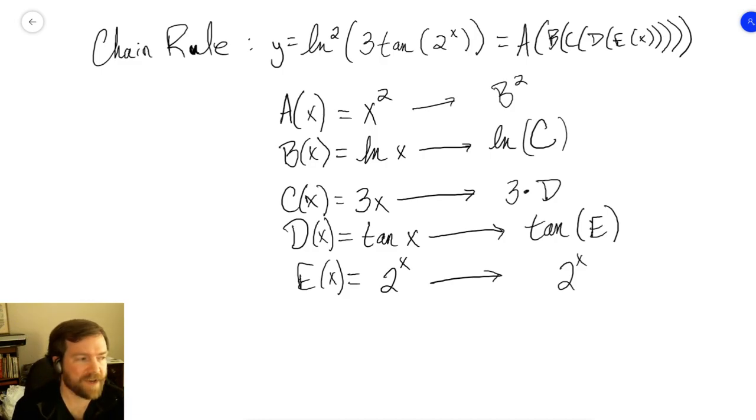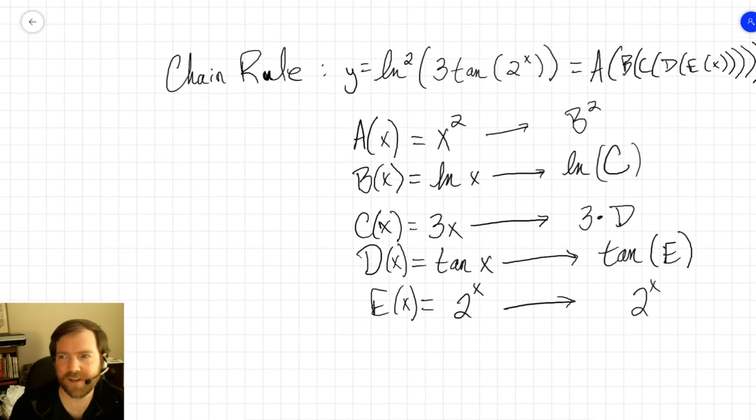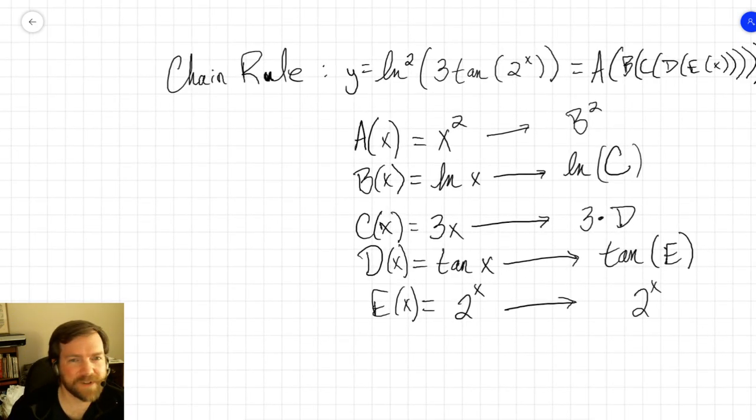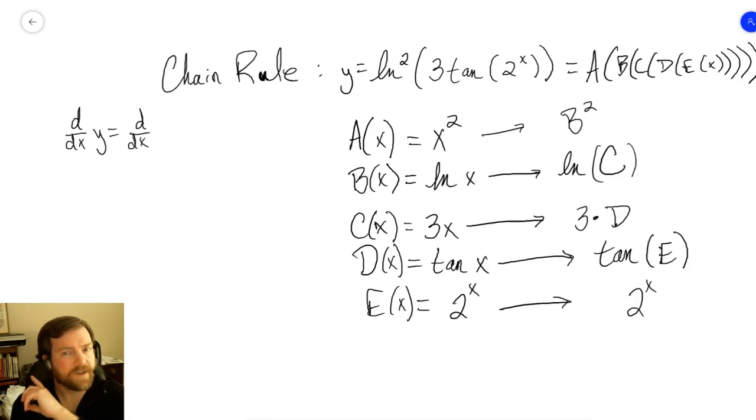Now, what's going to happen with all this stuff is that we want to take, this is where you might hate me, it's okay. Usually my students do, it's fine. What we want to do here is take the derivative with respect to x of y, which is the derivative with respect to x of all this stuff.